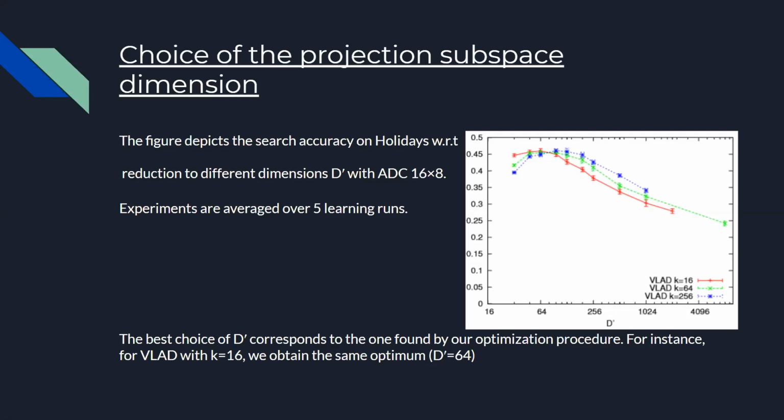As you can see, the best choice of d' corresponds to the one found by our optimization procedure. For instance, for VLAD with k equal to 16, the red line graph, we obtain the same optimum, that is d' equal to 64.